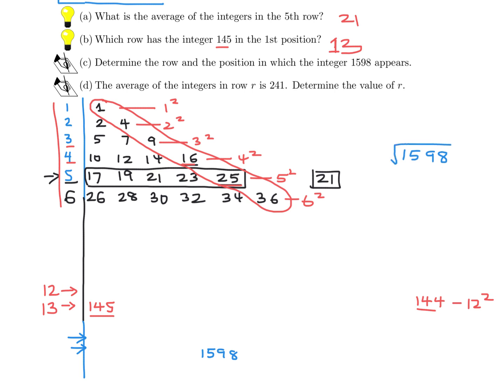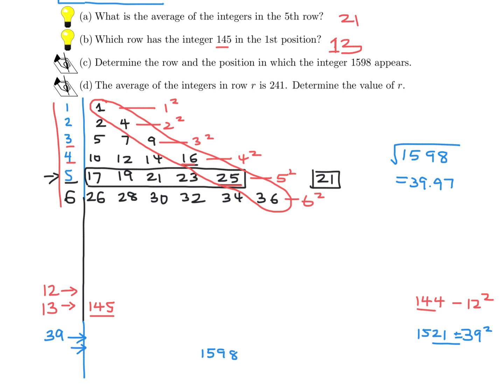So if I take a root of 1598, it's approximately 39.97. So that makes me think that this is the 39th row, and the very last entry of the 39th row will be 39 squared, which is, what is 39 squared? 1521? Yeah, 1521.